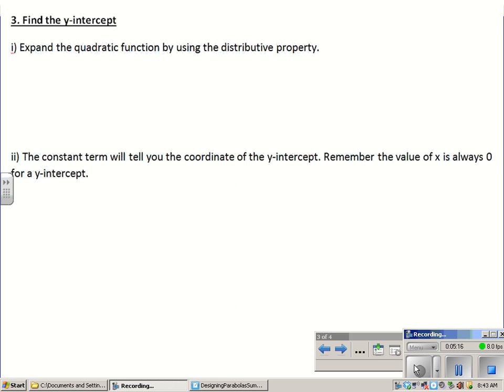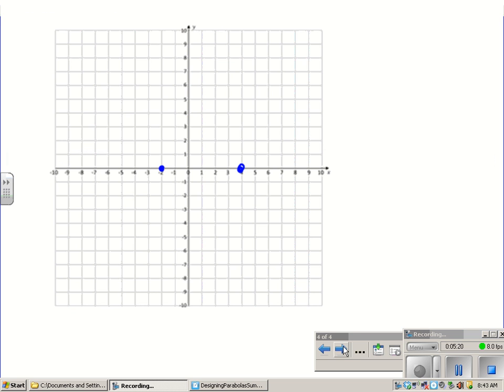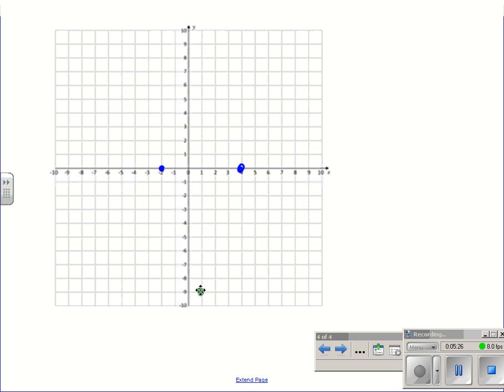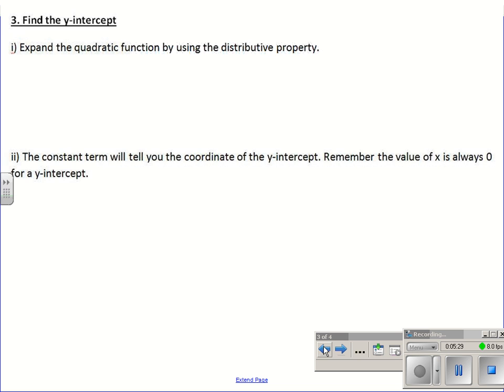All right, so the third step, the last thing we need to do, well, actually before we do this, we need to graph the minimum point. So we said (1, negative 9). So we go to 1, negative 9. We plot that minimum point. So the last thing we need to do now is find the y-intercept. So first we need to expand the quadratic function by using the distributive property. So this is our function, (x minus 4) times (x plus 2).